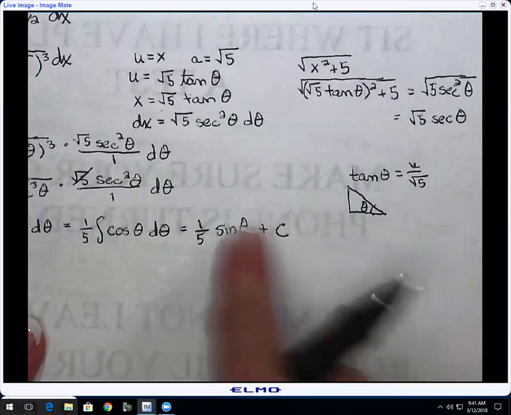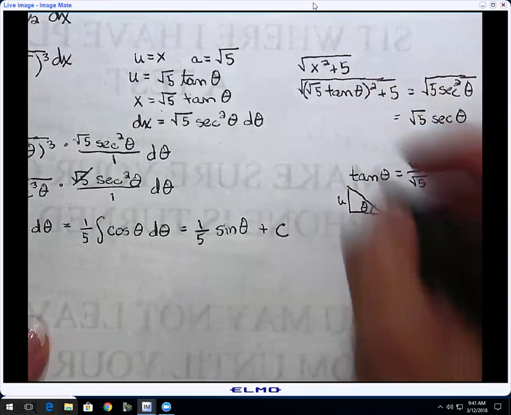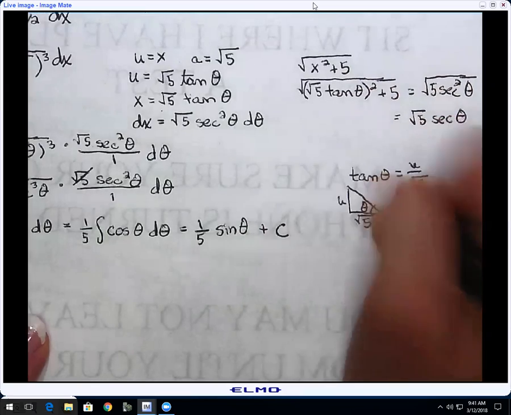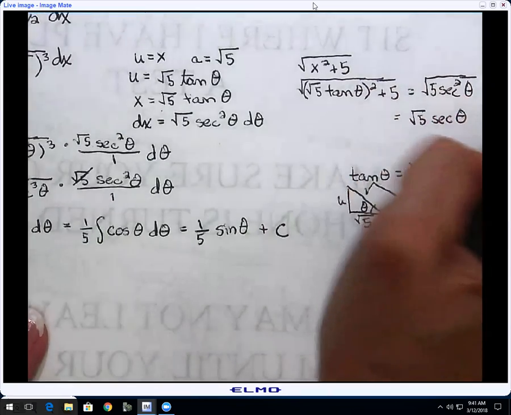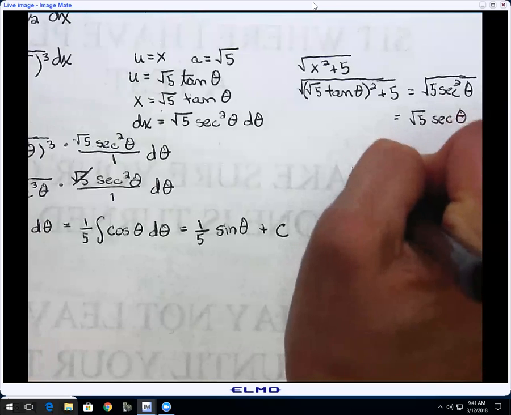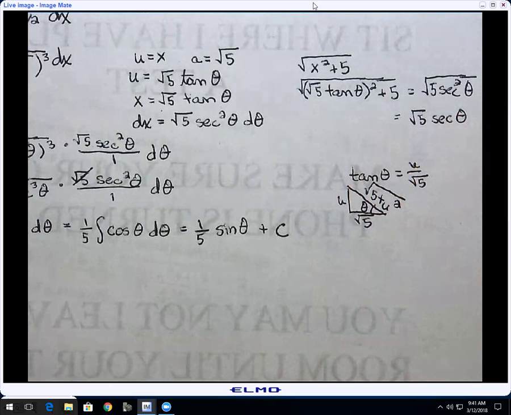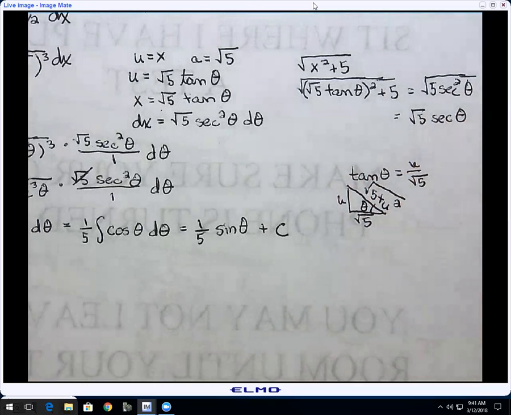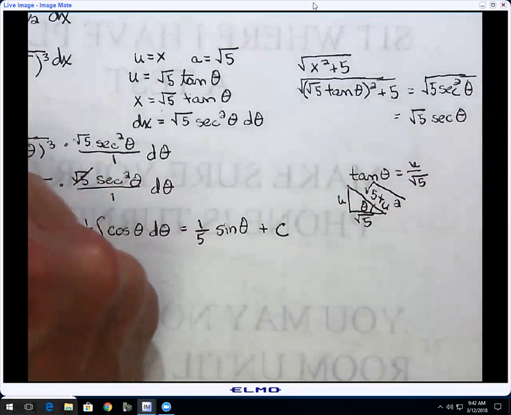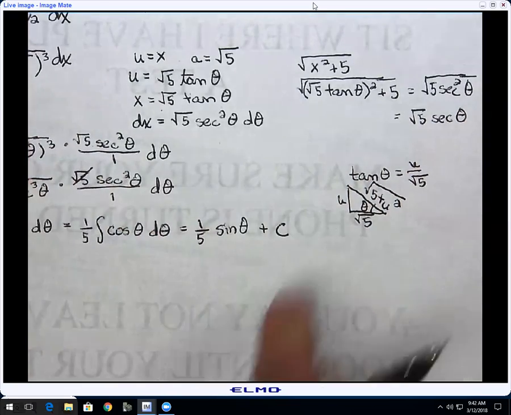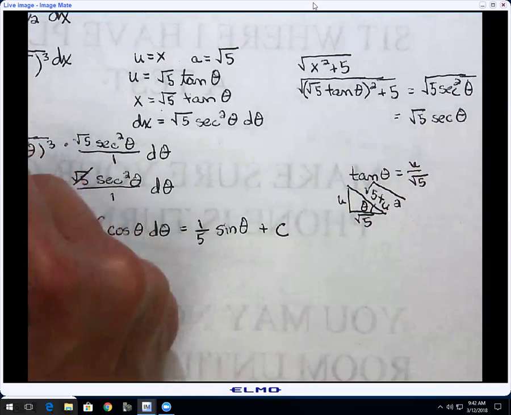So opposite theta is u. Adjacent to theta is square root of 5. And then the hypotenuse, if we need it, is the square root of 5 plus u squared. And so what can I put in place of sine theta? Opposite over hypotenuse.